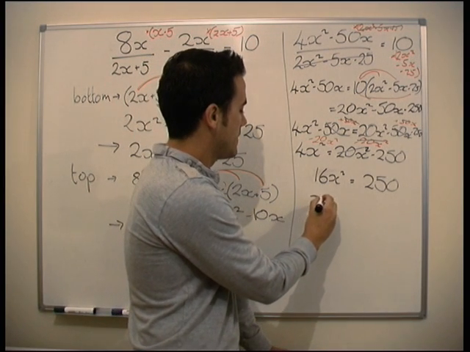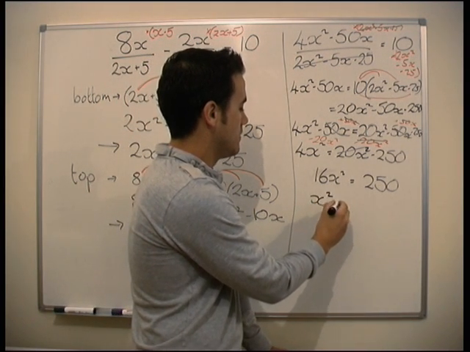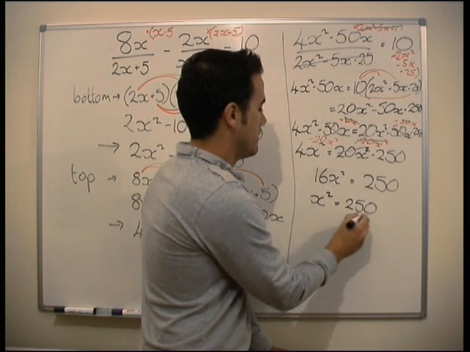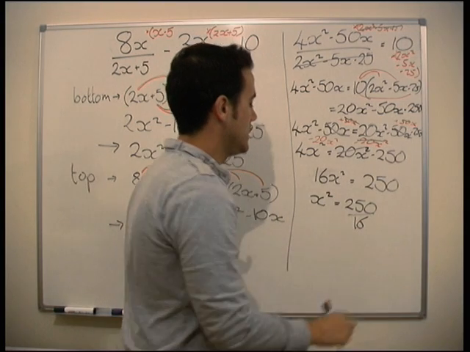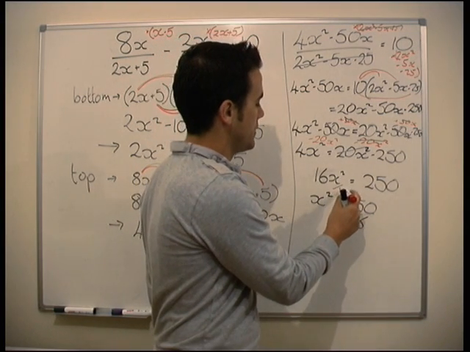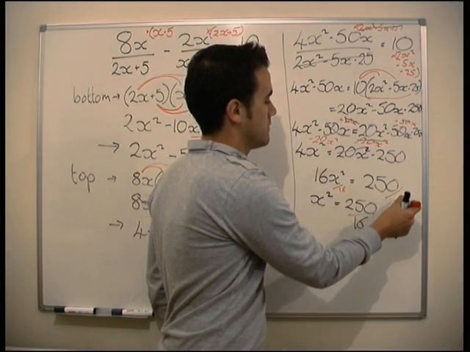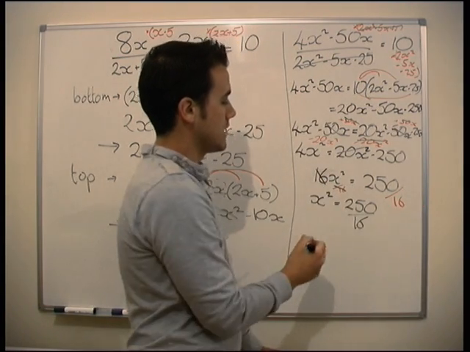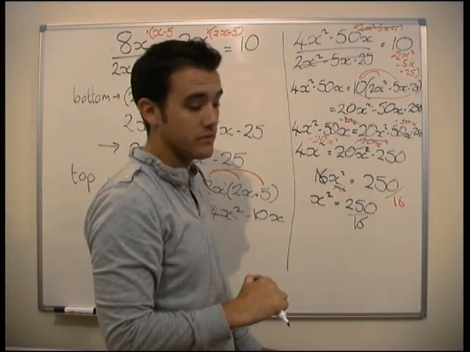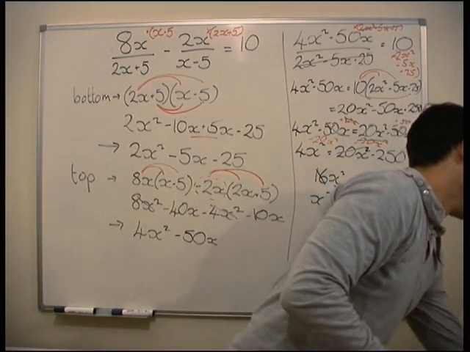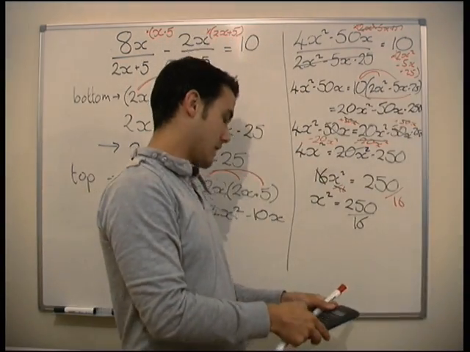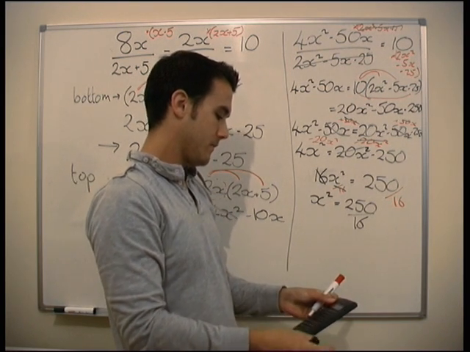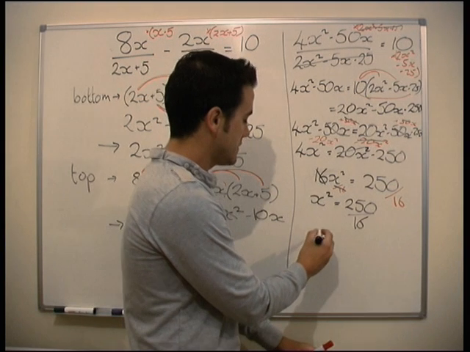So x squared will equal 250 divided by 16. Again, we divide both sides by 16, and then this side, those ones cancel, so we get x squared equals 250 divided by 16. And so luckily this is a calculator paper, so we can do it. 250 divided by 16 gives us 15.6.